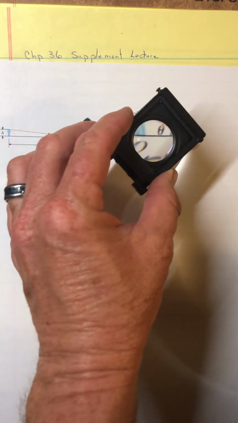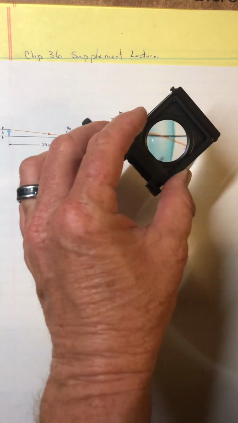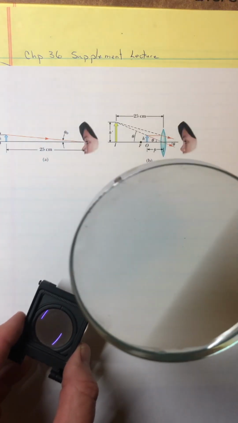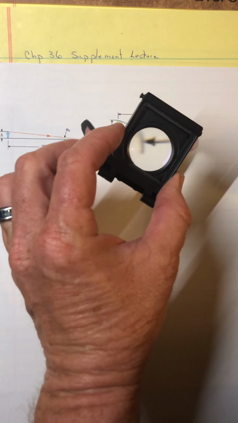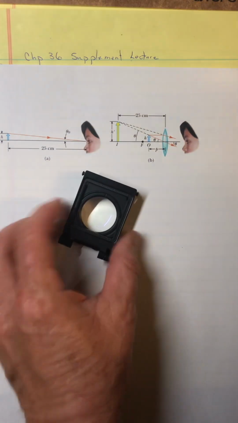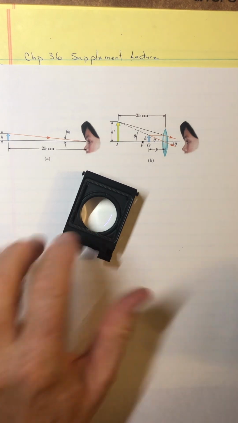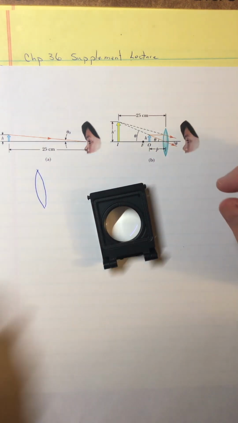You can see that if I trace it over things, they look big. This one hopefully makes them look bigger too, but I like how wide the diameter is on this, though I like the strength of the other one. So maybe I'll use this one to show you. Remember when we talked about lenses, we said that this lens, the one with this convex shape, can make things look bigger.